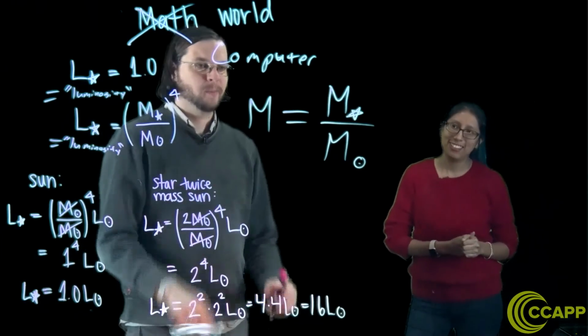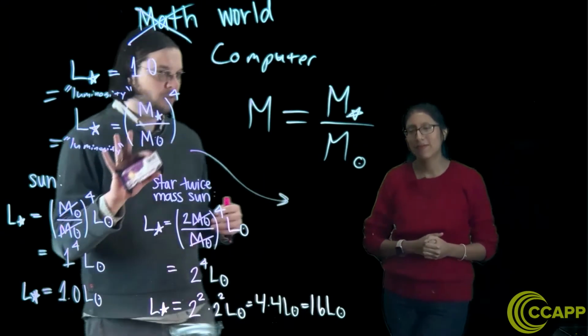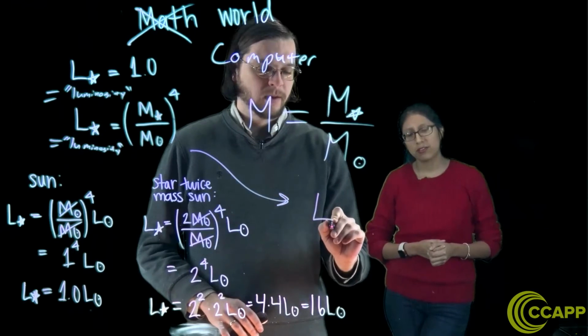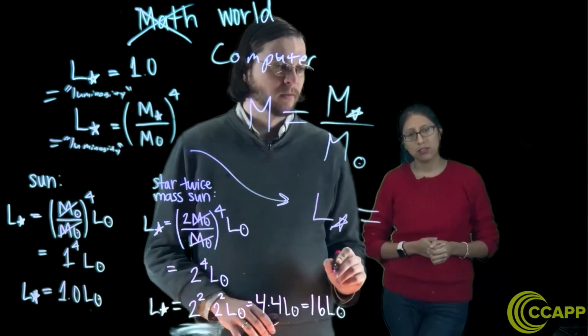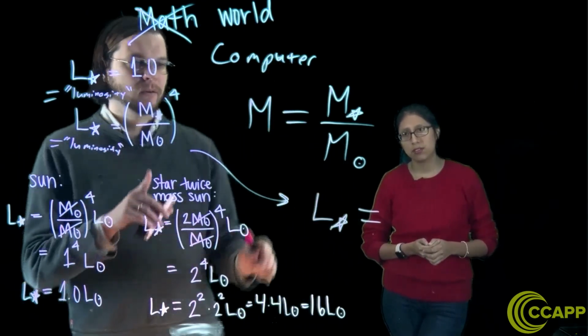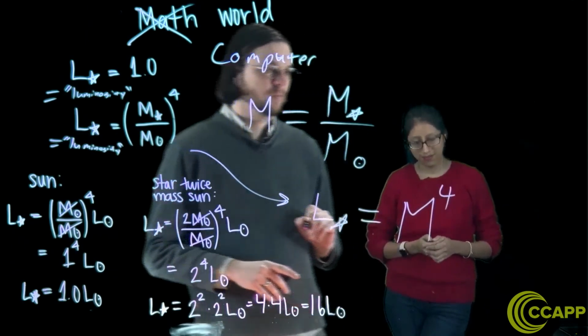So I can simplify this formula now, right? Or at least in the code. Math World is Math World, but in the code, I can write this as L star just equals, if this is equal to that, m to the 4th. Okay?